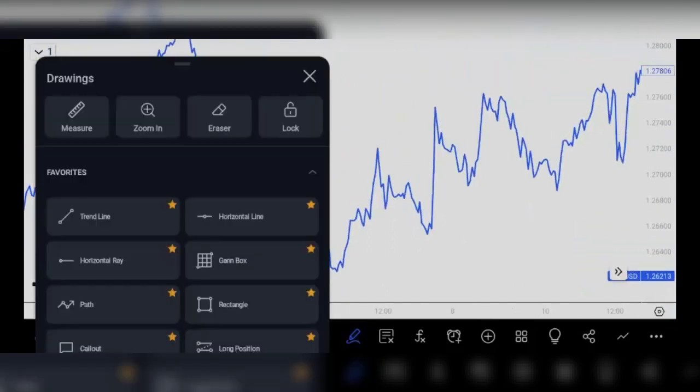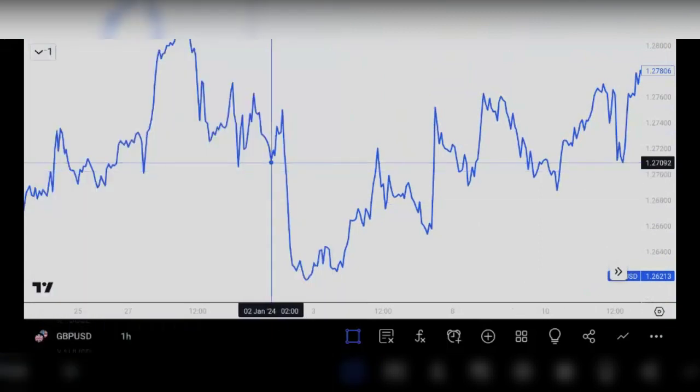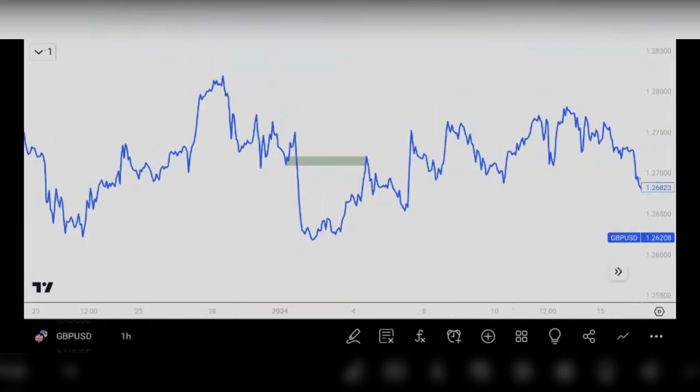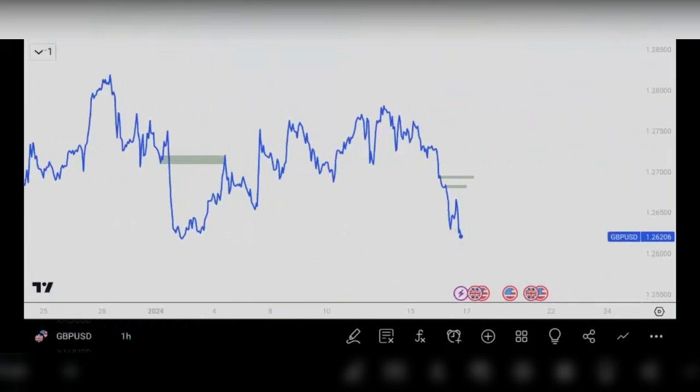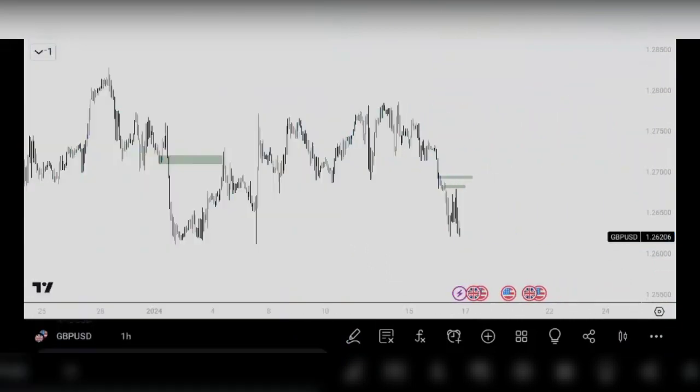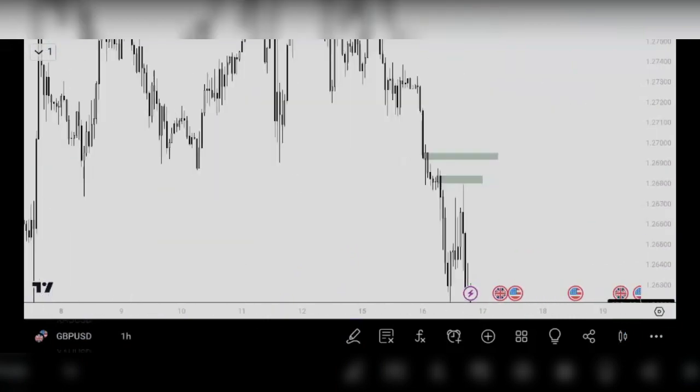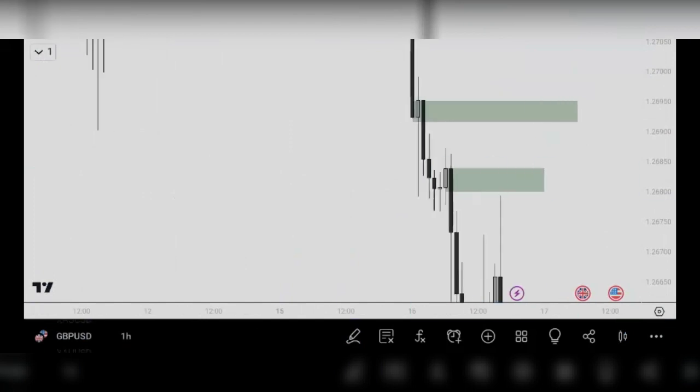Look at this. When we talk about the breaker blocks, we have something of this nature. You can easily catch the trades, instead of using the normal candles that would have missed a lot of the trades. Now look at these points.